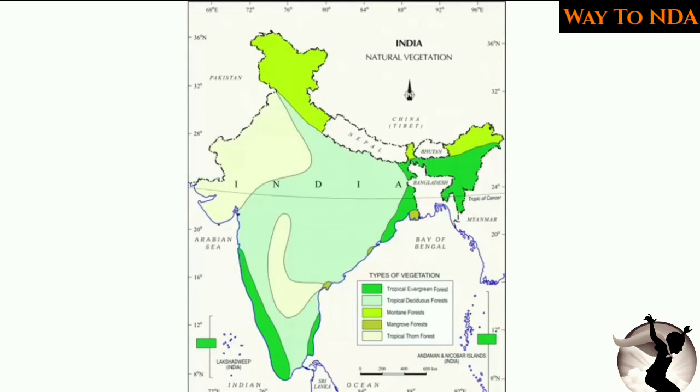So here you will find Gujarat, and then some part of Punjab and Rajasthan also, and you will also find some part in the peninsular area also. So this is all about the vegetation of India.